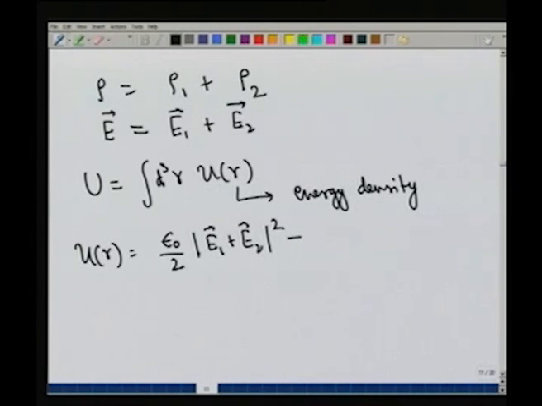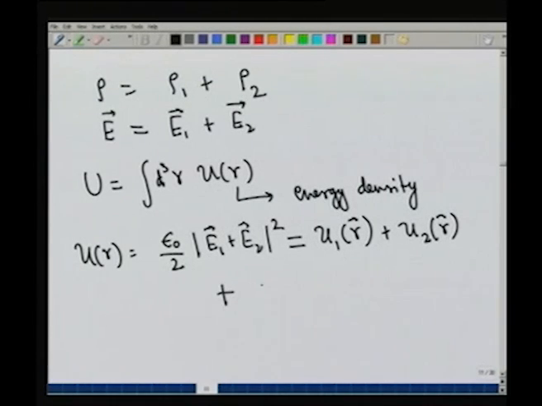And now if I were to expand this, what am I going to get? I will get a U1 of r. U1 of r is the energy density because of the field, because of the charge density rho 1. U2 of r is the field energy because of the charge density rho 2, because I will get a mod E1 squared plus mod E2 squared.